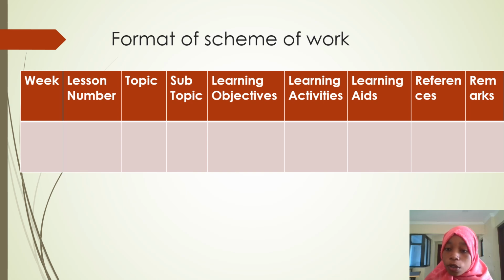The references are where you gathered the content that you presented in that class. For instance, you have used a KLB textbook and you indicate the pages. Remarks: after the end of the lesson, you indicate the remarks. If the objectives were achieved, you indicate that in the remarks section.